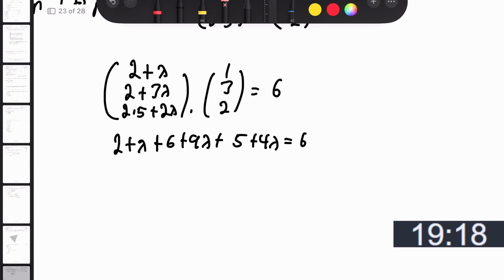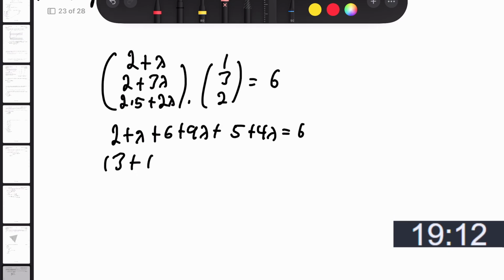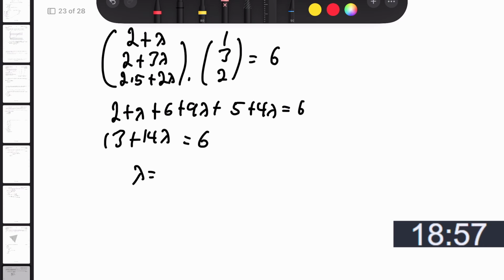So if we add everything together, that's 13 plus 14 lambda is going to equal 6. And 14 lambda is going to equal negative 7. Lambda should equal negative 1/2. Let's check this on calculator.